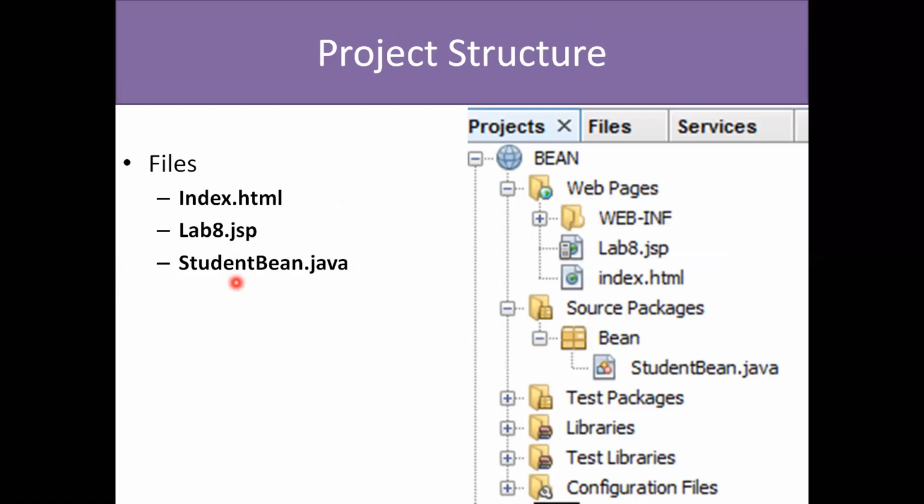We'll see how the setter and getter methods are used. The setter will set all the values which are entered through the HTML, and the getter method will return all the values which have been set using the set property. So the result will look like this.